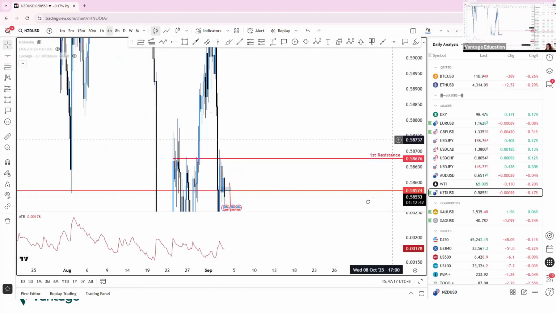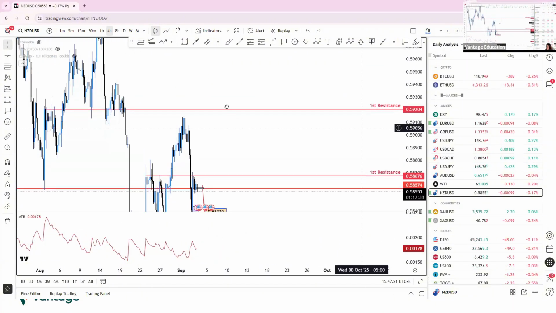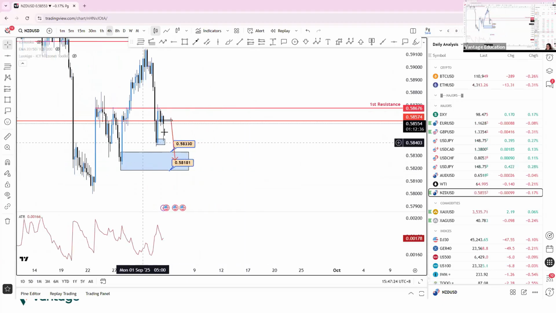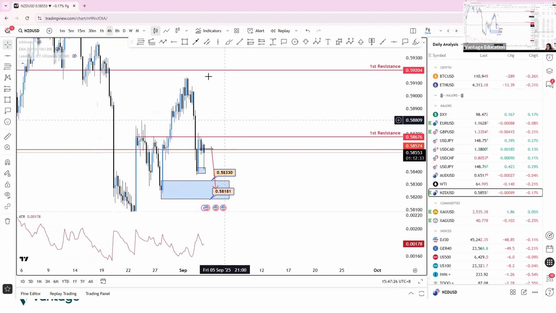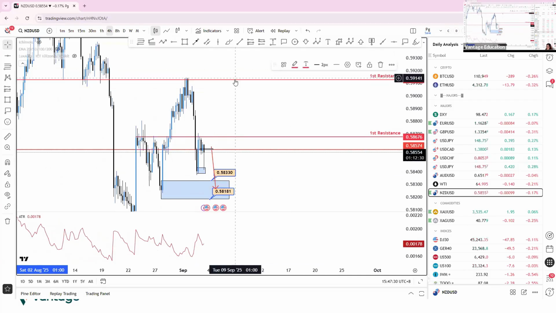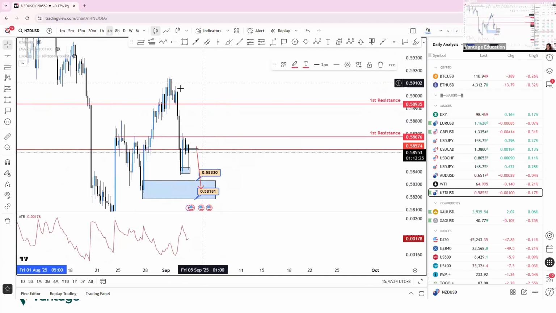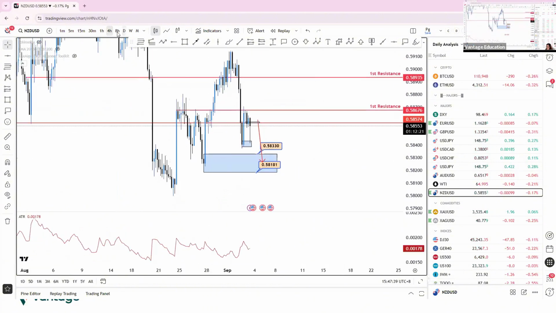If you want to sell, you're going to target here. And the second resistance in H4 could be here. That would be the OB at this zone, the supply zone here.